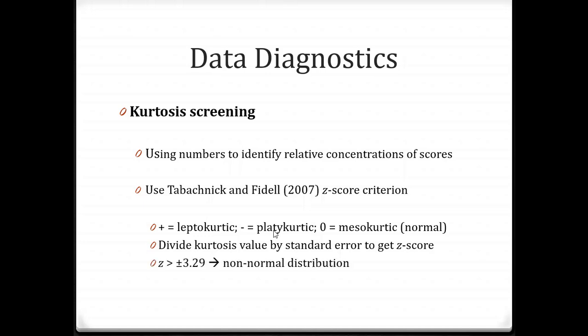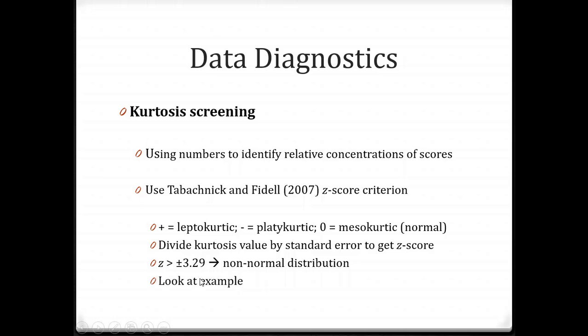And then we use that same criterion, 3.29, to determine if that value is far enough on either the leptokurtic or the platykurtic side for us to conclude that we have a significant deviation away from a mesokurtic or a normal distribution. So if we compute it and it's not greater than 3.29, we conclude based on Z kurtosis that we have a normal distribution. If it's beyond the 3.29, we conclude that it is a non-normal distribution.